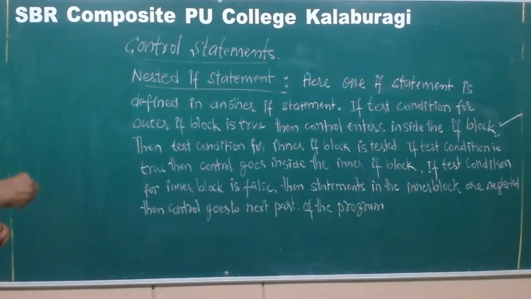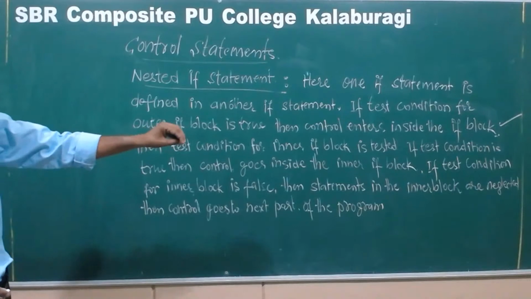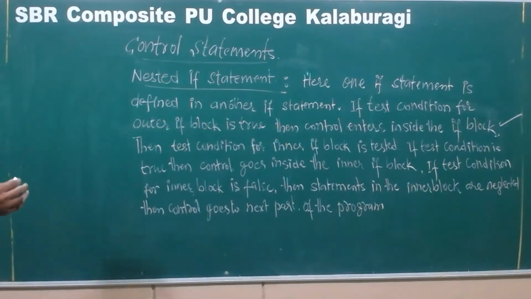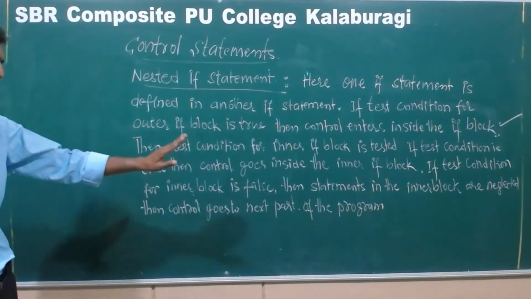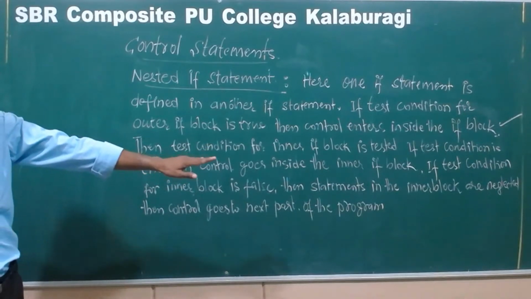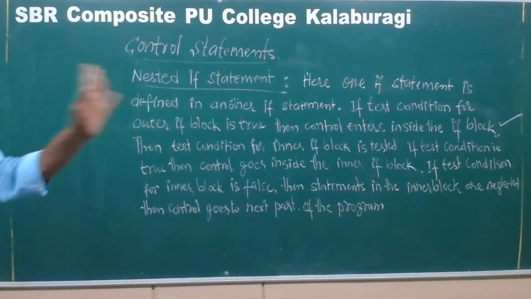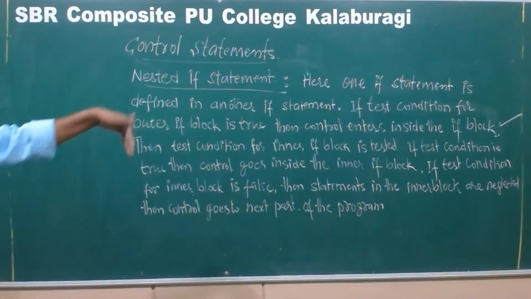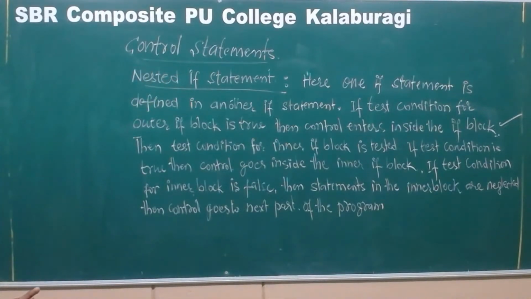If test condition is true, control goes inside the inner if block. If test condition for inner if block is false, then statements in the inner block are neglected. Then control goes to next part of the program.